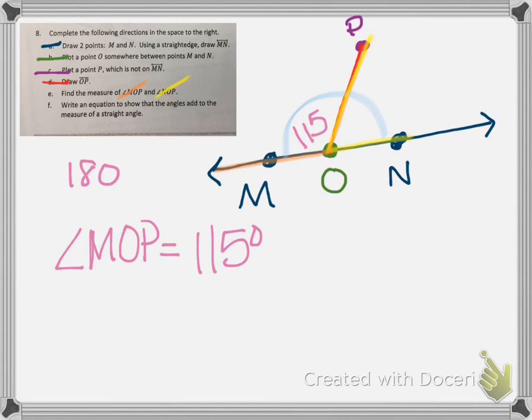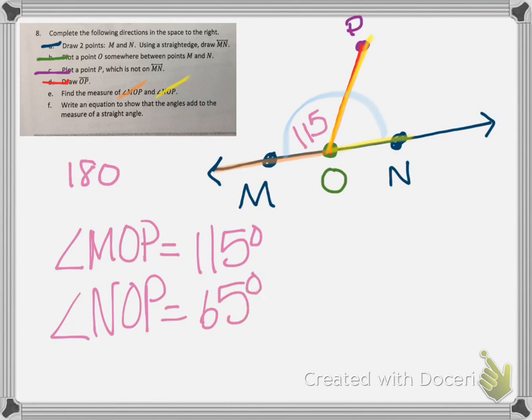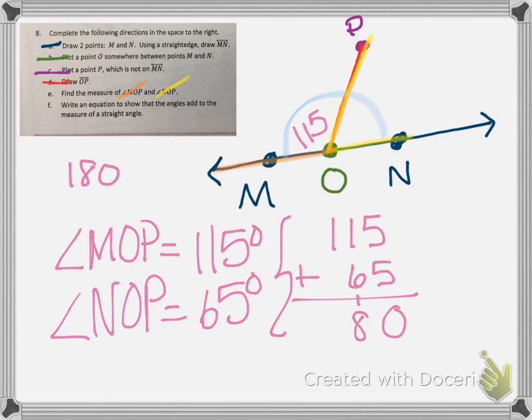I can see that NOP will equal 65 degrees. And I know that together, those are both a straight angle. So is 115 plus 65, 180? Add those up. They are. Okay, so 65 degrees.